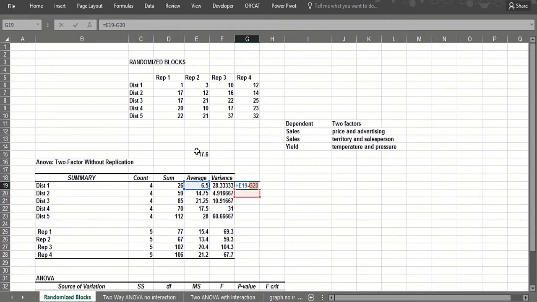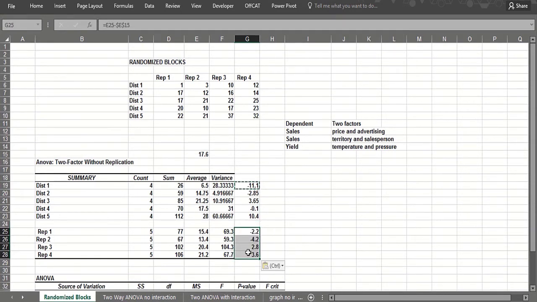So this would be E15. Again, when I use the F4 trick on this computer, it sometimes makes the microphone go off, and we don't want that. So we'd have an effect of minus 11.1. So District 1 is not a very good district, okay? But District 5 is really good. It's 10.4 above average. And now we could copy this formula down here to get the effects of the salespeople.